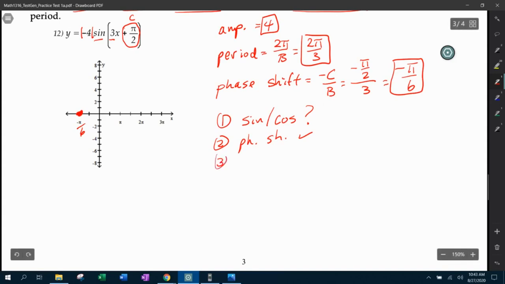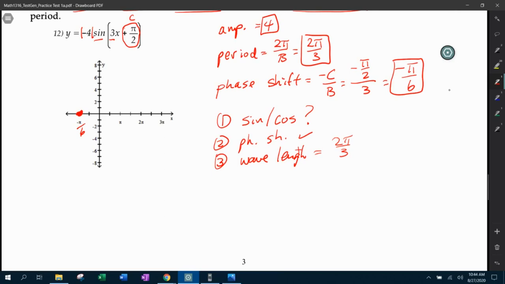Next, number 3 is wavelength. And the wavelength is the period, which is 2 pi over 3. So to figure out where that end point is going to go, we're going to have to travel a distance of 2 pi over 3.